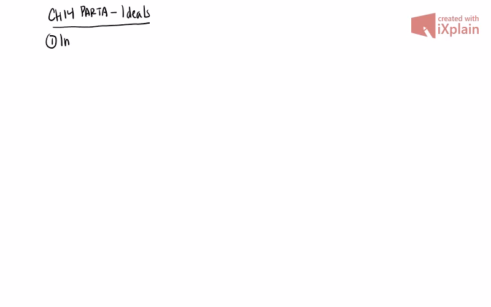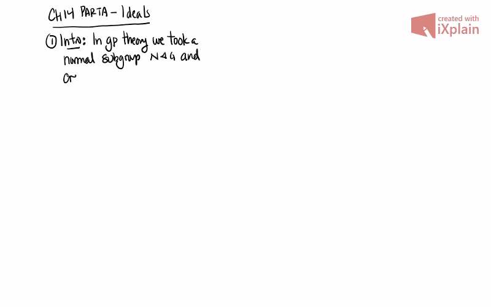So the intro is that in group theory we created quotient groups. And the way we did this is we took a normal subgroup N of G, and we created quotient groups or factor groups, depending on which term you want to use, with cosets.